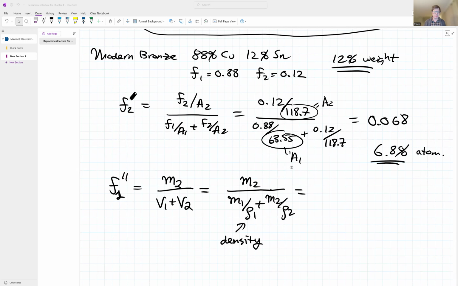So density of copper looks like it's 8.96 grams per cubic centimeter. And let's see, the density of tin, 7.31 grams per cubic centimeter.